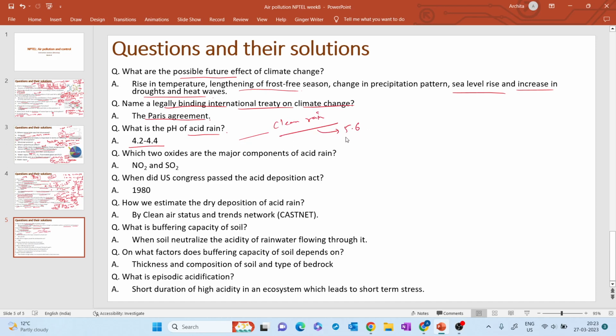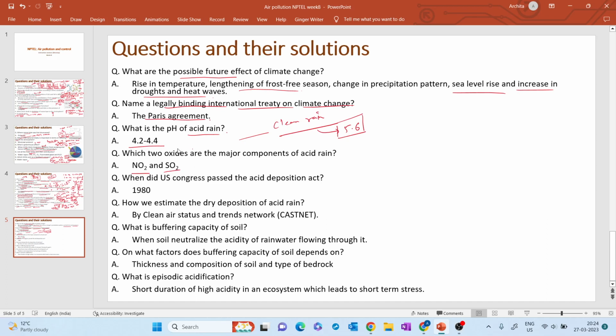So if a rain does not have a very high concentration of pollutants, the gases which we discussed, which is NO2 and SO2, then we call it clean rain. And if it has low pH, we call it acid rain.